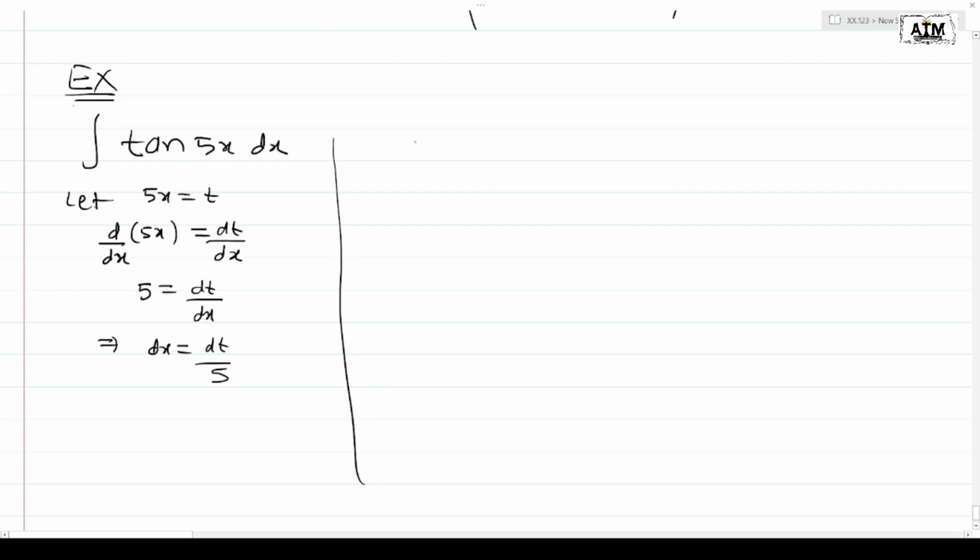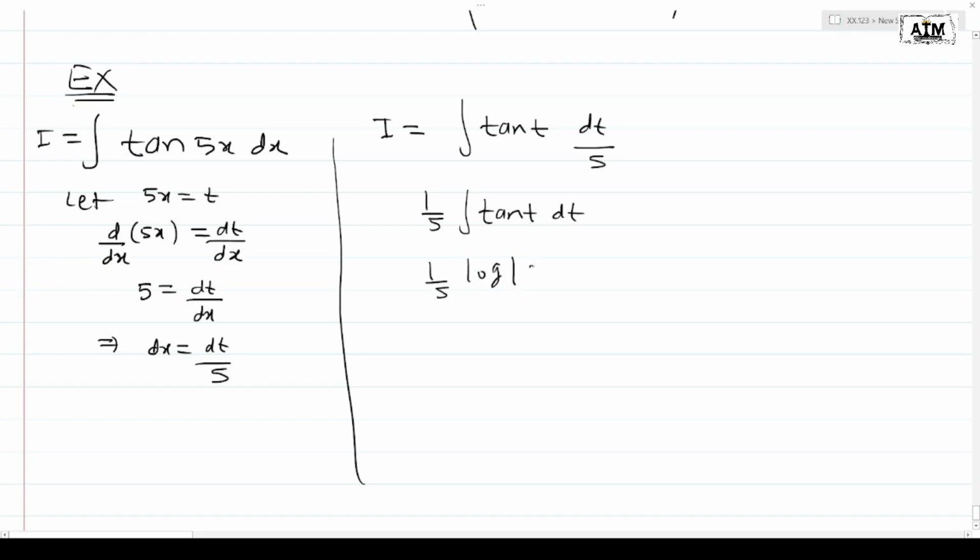And suppose this is I equals. Now what I can do, I equals here 5x is replaced by t, so integration of tan t, and dx is replaced by dt upon 5, and 1 upon 5 is taken outside, integration of tan t with respect to t, so this is equals 1 upon 5, and integration of tan t is nothing but log of modulus sec t plus c.